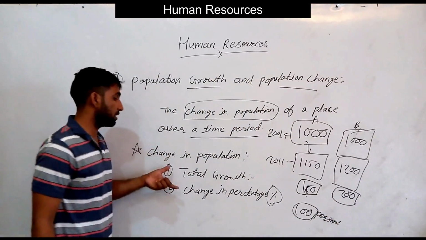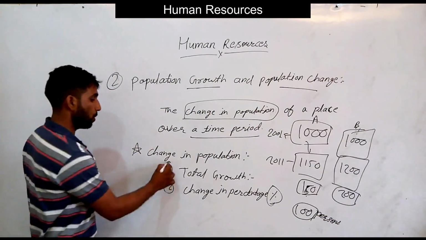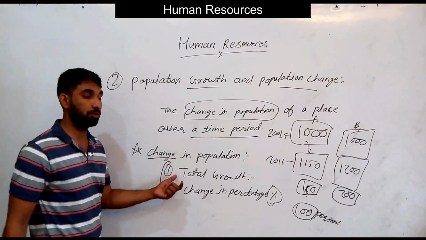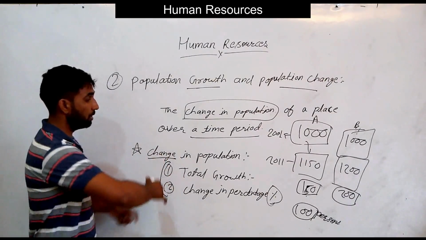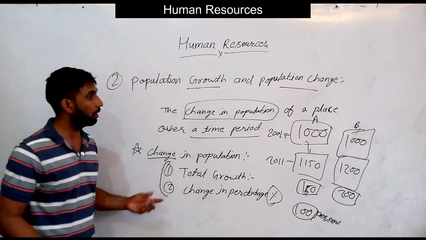These are the two parts of the change in population: the first is total growth and the second is change in percentage. Now we will move further.